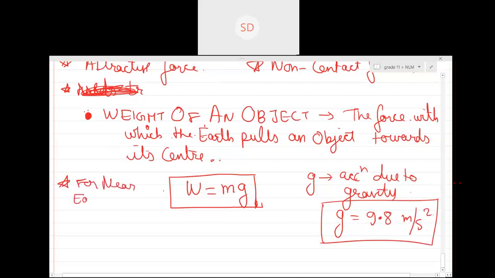The near Earth surface object, or you can say for objects near Earth surface. Write it down quickly, write it down.